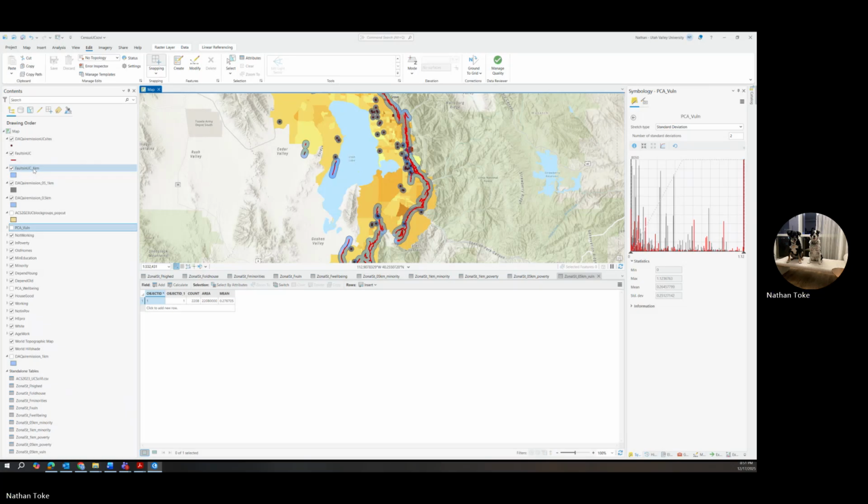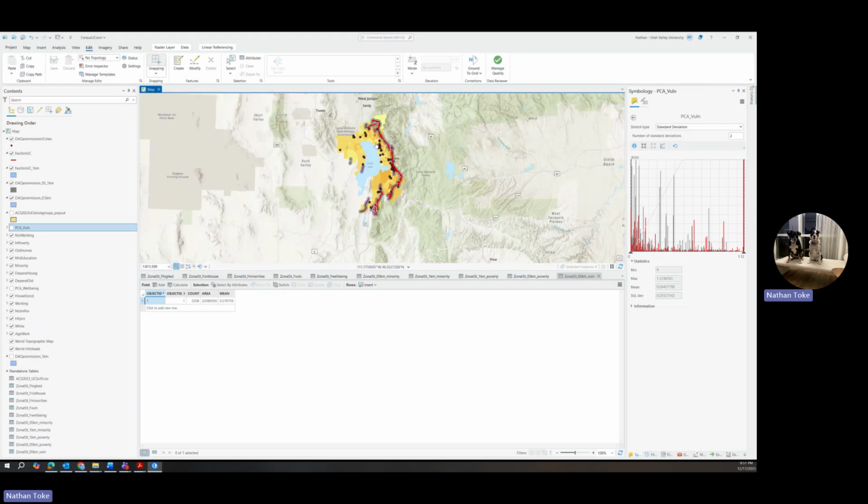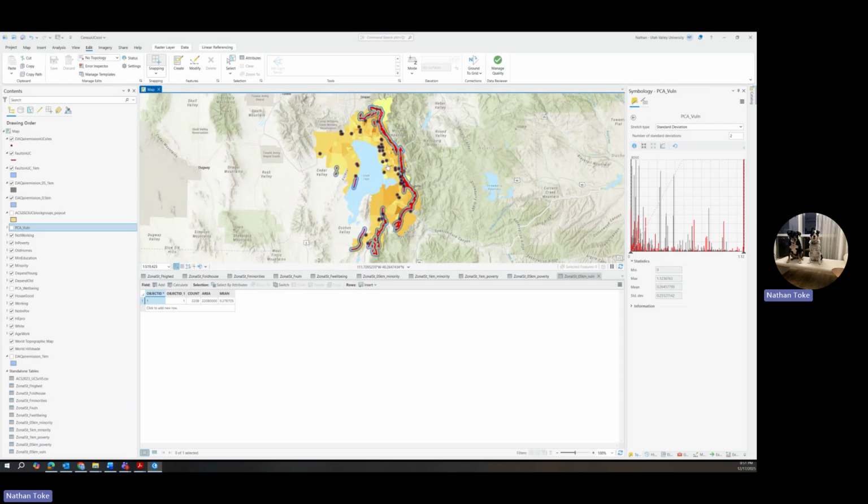I hope that you find this useful and that it will help you in analyzing not only aspects of social vulnerability and features using buffers, but you could use other things as well.